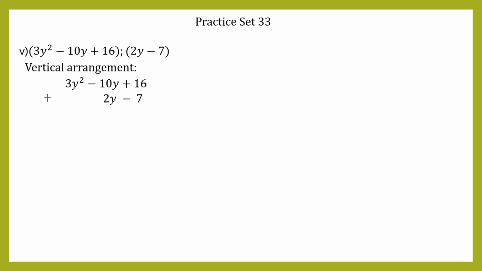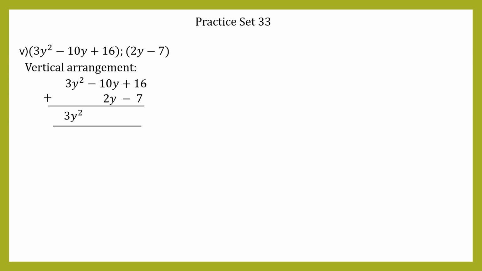Now let's add them. So plus sign. Now below 3y squared, nothing is there. So that 3y squared can be written the same. Now next is minus 10y plus 2y. Now 2y doesn't have any sign since it is the first term of the second expression, so 2y has a plus sign. Minus 10 plus 2, so minus plus is minus.